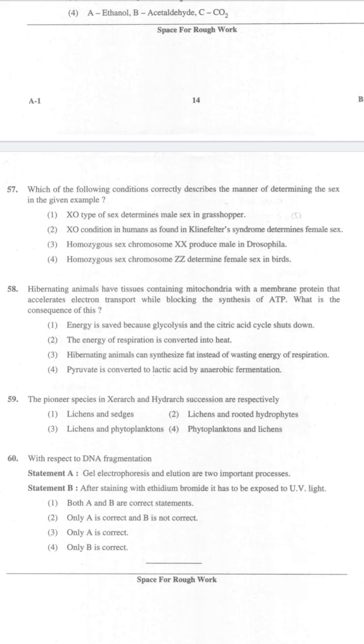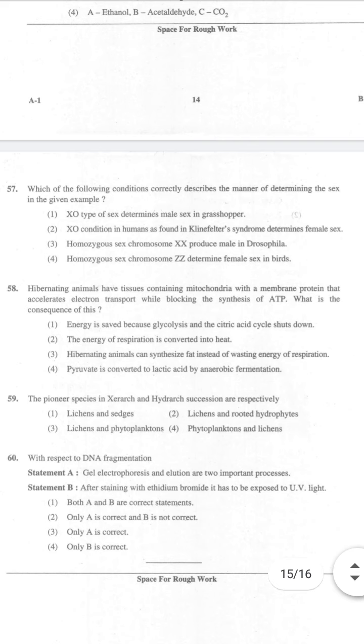Option 2, the energy of respiration is converted into heat. Option 3, hibernating animals can synthesize fat instead of wasting energy of respiration. Option 4, pyruvate is converted to lactic acid by anaerobic fermentation. The correct answer is option 2.